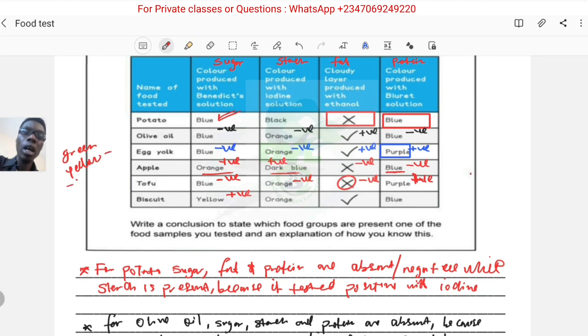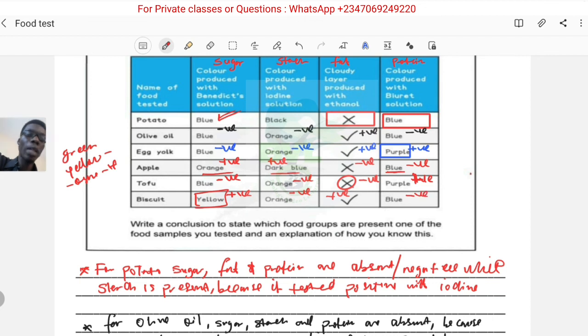If it is orange, or we say brick red, that is a high level of sugar. That means this biscuit has a moderate level of sugar in it. It is orange for iodine, that's negative, which means there's no starch in it. It has emulsion, wow, that means there's fat in it. That's positive.